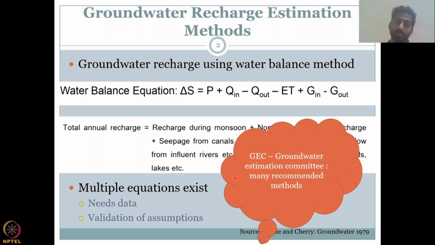It is a PDF from the Central Groundwater Board, a Government of India agency. So they give you all these equations and different methods. When you want to propose something to a village or understand if an area is doing good groundwater activities, you could look at this estimation method.